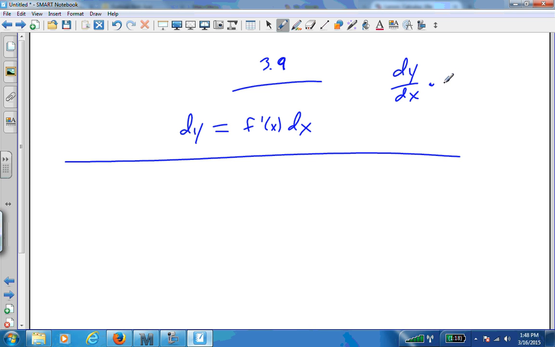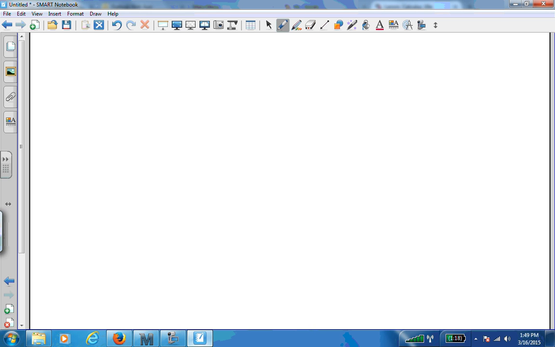So if we want dy, multiply times dx, so dy is f prime times dx. That's if your function is a function of a single variable. In general, you just take the derivative and then multiply it times dx. But that is for a single variable. So let's work a couple.